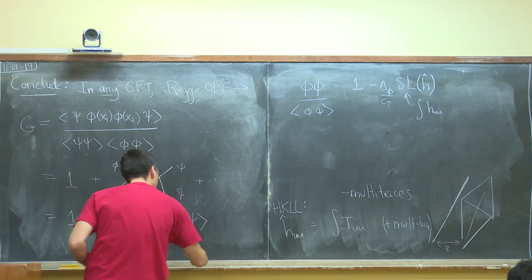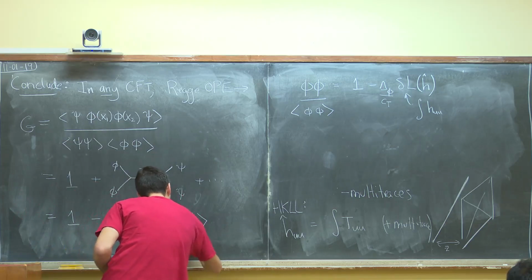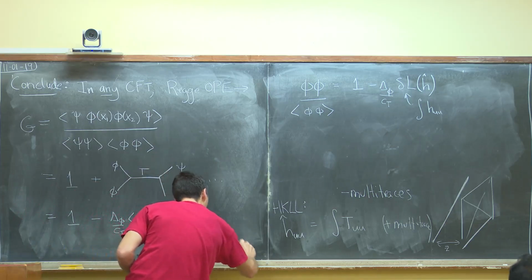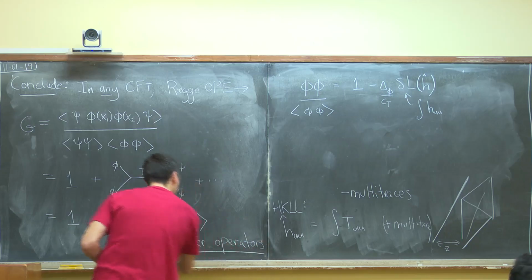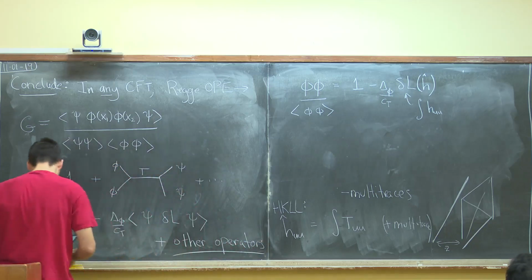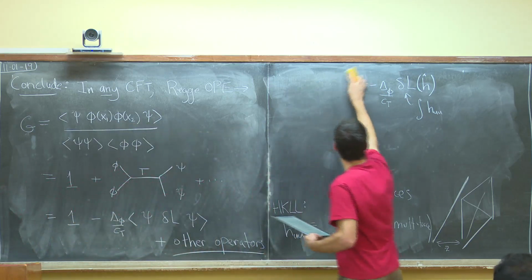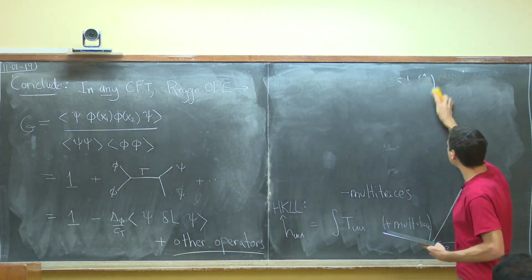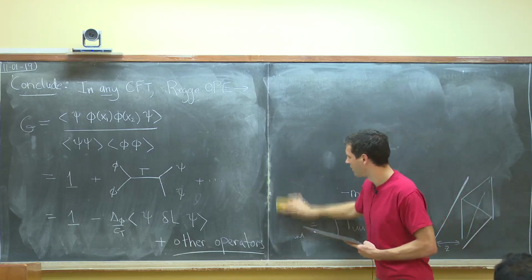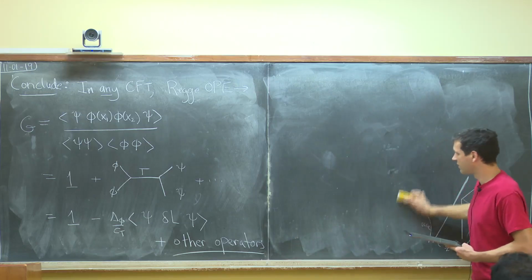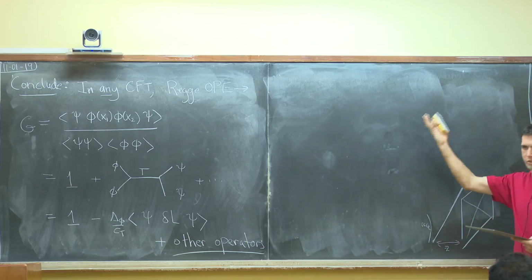And then we have to add all the other operators. So this is completely general, only using conformal symmetry. Even though I've been using bulk language like length operator, that's just a nice way to think about it. And it's that operator that I wrote down. It's a smeared stress tensor.